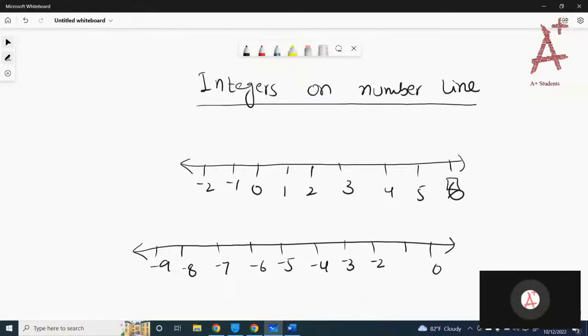So which number is missing? Which number is in between 0 and -2? The number that is in between 0 and 2 is 1, and you are on the negative side, so the answer must have a negative sign, so it would be -1. Got it?